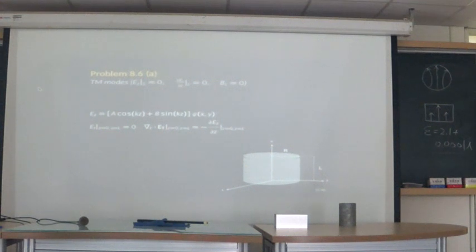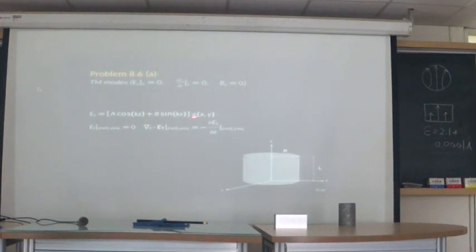In this case, the Z component field can be written in this form: A sine kz plus B sine kz times psi of x, y, where psi needs to be solved.